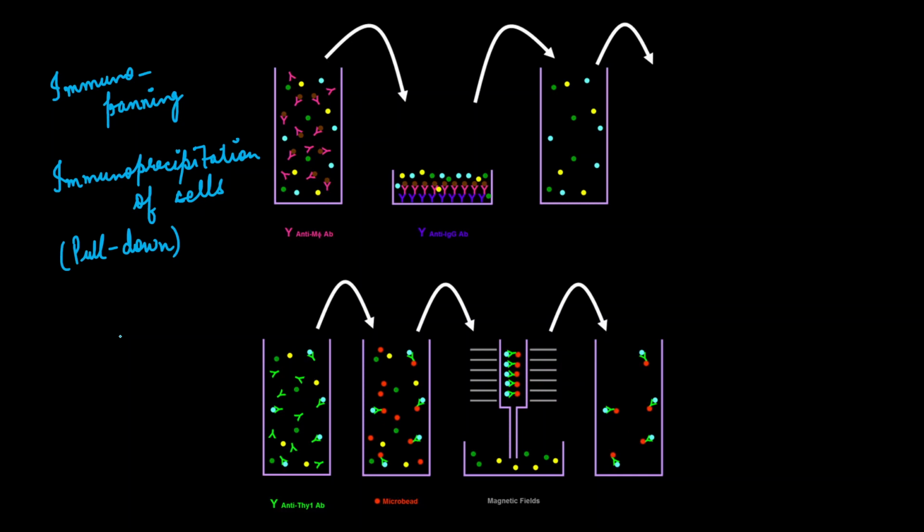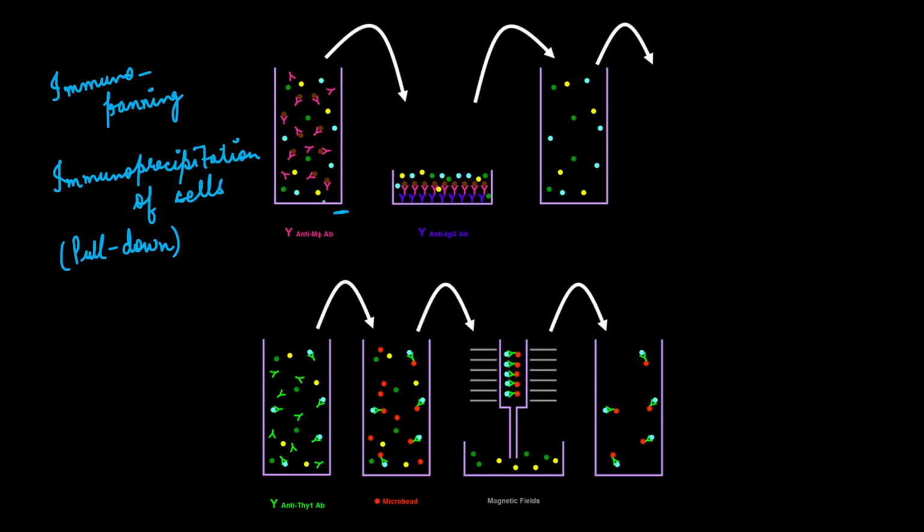In a similar way, this immunoprecipitation of cells can be done. How is it done? If you look at this figure, a specific kind of antibody is attached to a solid surface, like it's immobilized to a solid surface, for example a cell culture plate, and from there you can pull down or immunoprecipitate your cells.